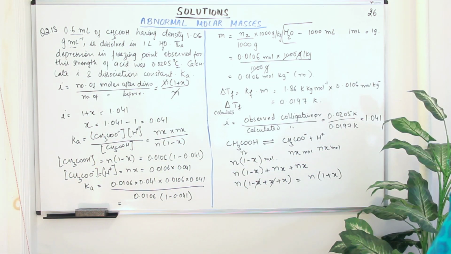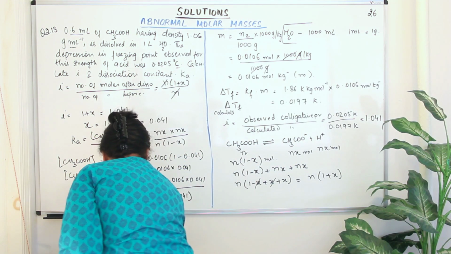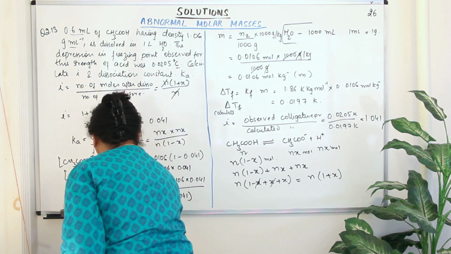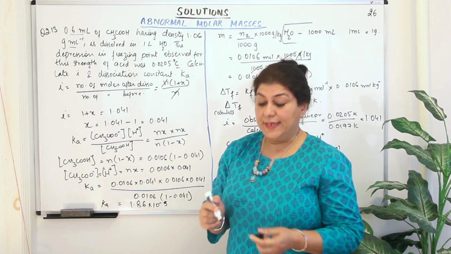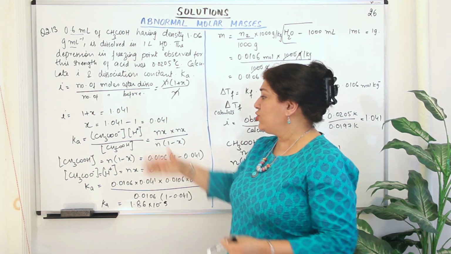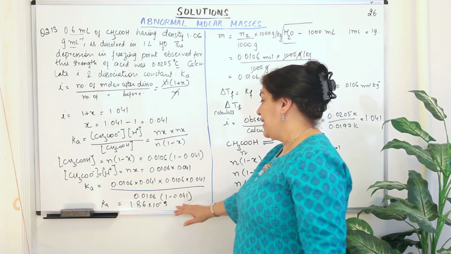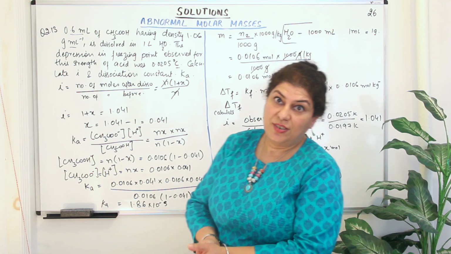You get 1.86 into 10 to the power minus 5. 1.86 into 10 to the power minus 5 is the value of Ka. Right? And since Ka is only a ratio of all the concentrations, all units would get cancelled out and it has no units. So this was the chapter solutions.